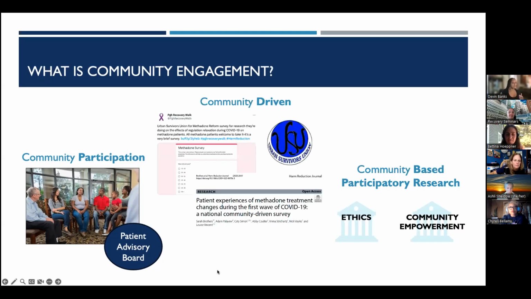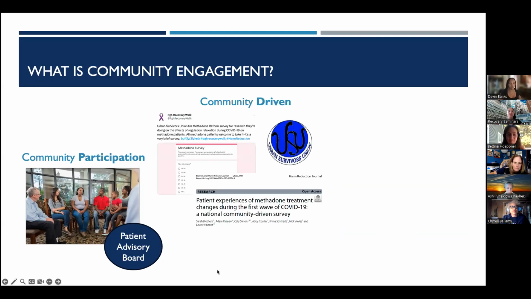An example of community-driven research in the field of substance use is something the Urban Survivors Union is doing. There are a set of people in the Urban Survivors Union who are on methadone maintenance and who have recognized some specific gaps in methadone maintenance, as well as gaps in working with researchers in the traditional paradigm.